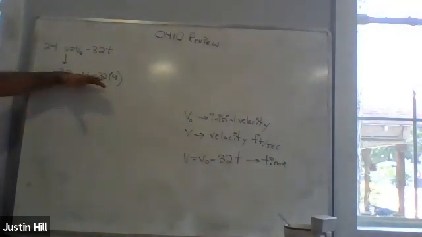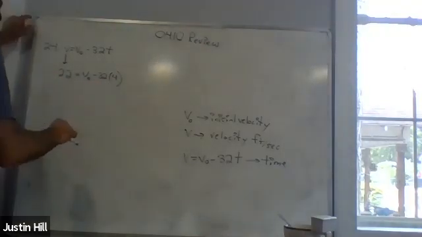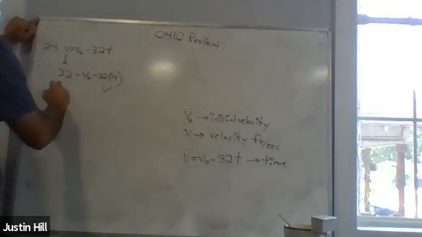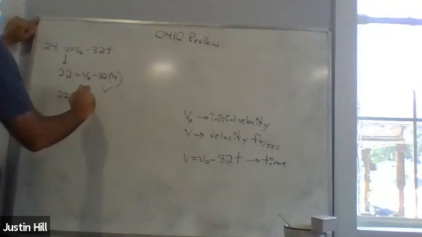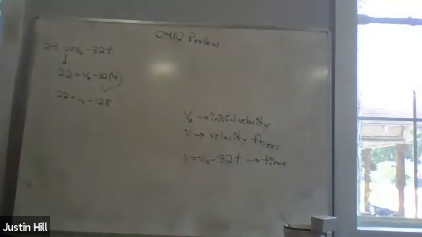Before we even try to get V naught by itself, there's some multiplication we should do. We have negative 32 times 4, and when you multiply those, we keep the 22, and you should get 128. So 22 equals V naught minus 128.